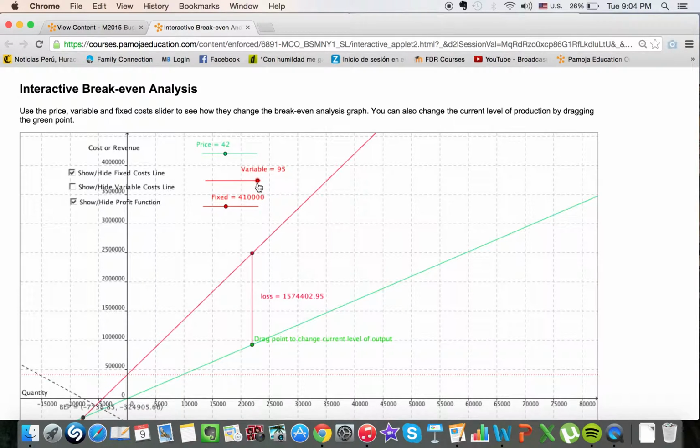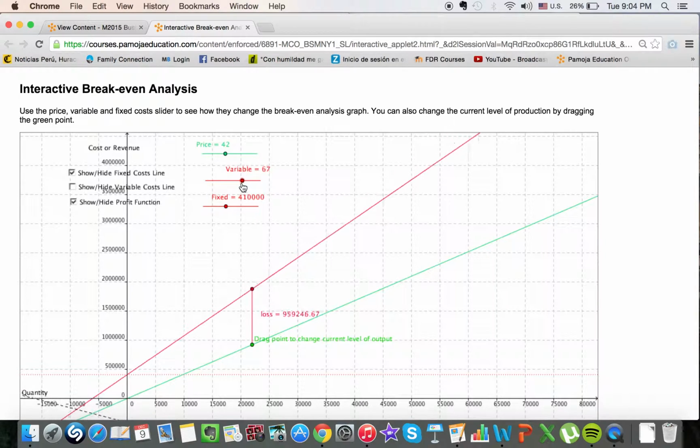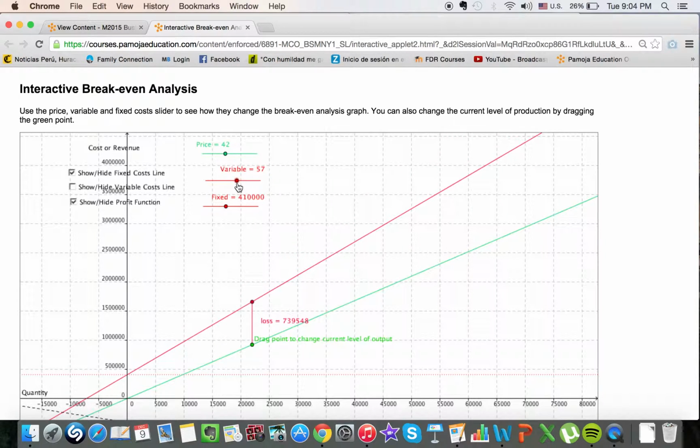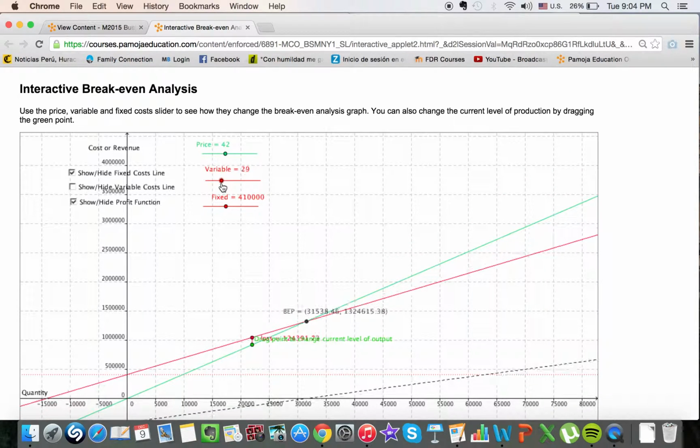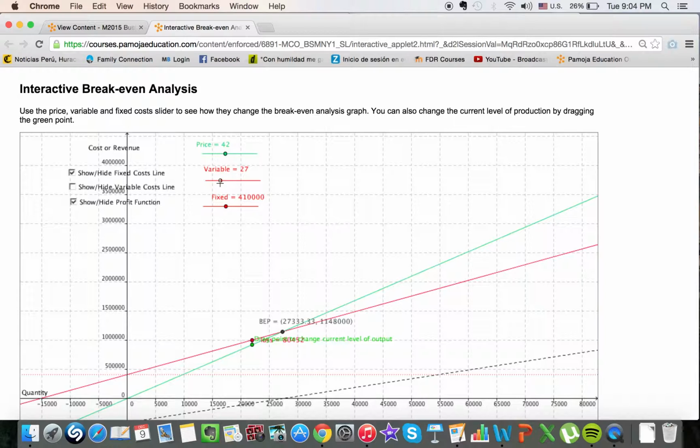So we see that as the variable costs decrease, the total cost curve becomes more horizontal, and it starts to decrease.